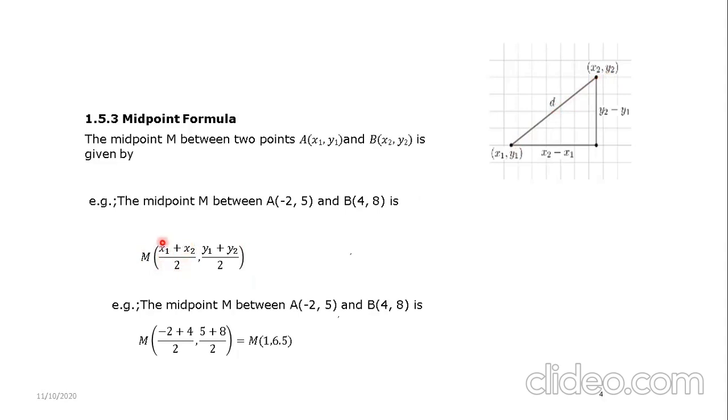This is the x value of the midpoint, and the y value of the midpoint is y1 plus y2 over 2. For example, to calculate the midpoint between A and B, the same values, you add -2 plus 4 divided by 2, and 5 plus 8 divided by 2. The midpoint coordinates are 1 and 6.5. This is the midpoint formula between 2 points.